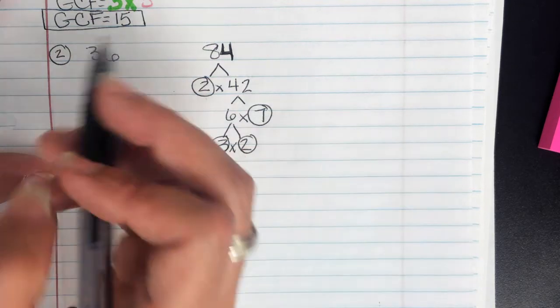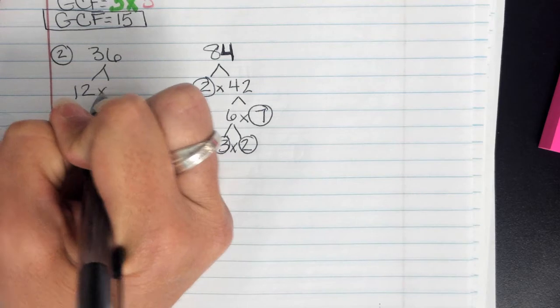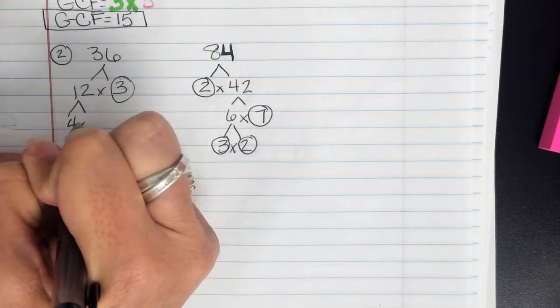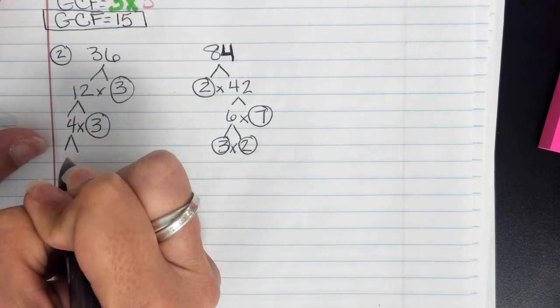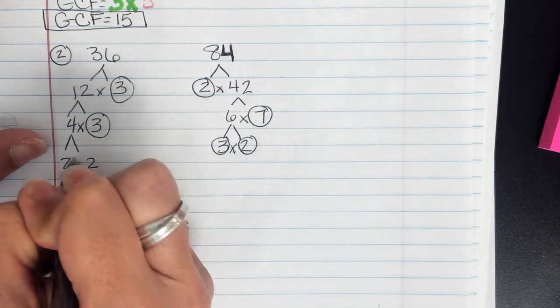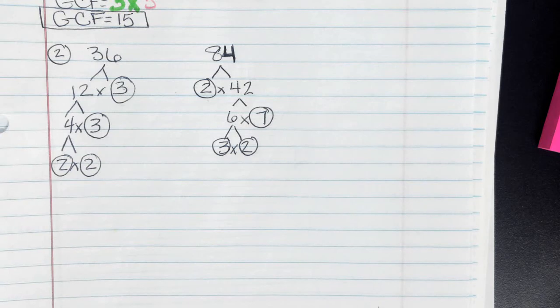So like on this one, if you do 12 times 3, and then this person does 4 times 3, or 6 times 2, oh, 6 times 6 up there, yeah. As long as under the 36, you've got 2 2s and 2 3s.